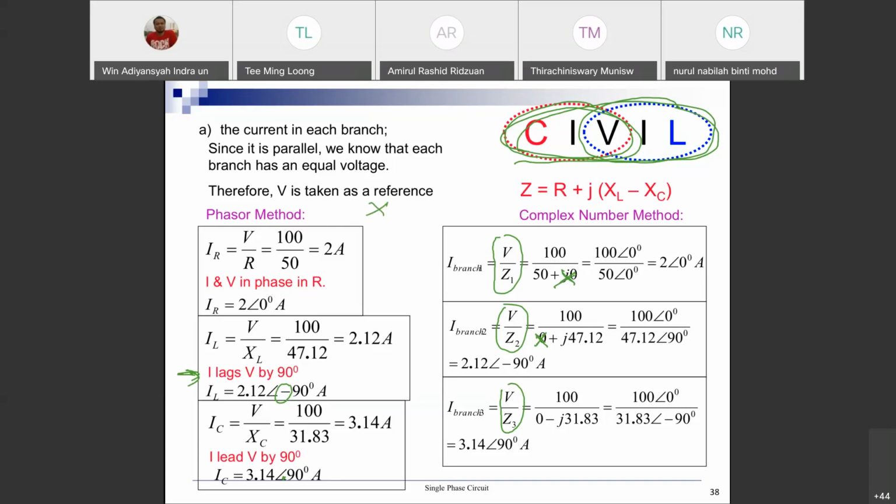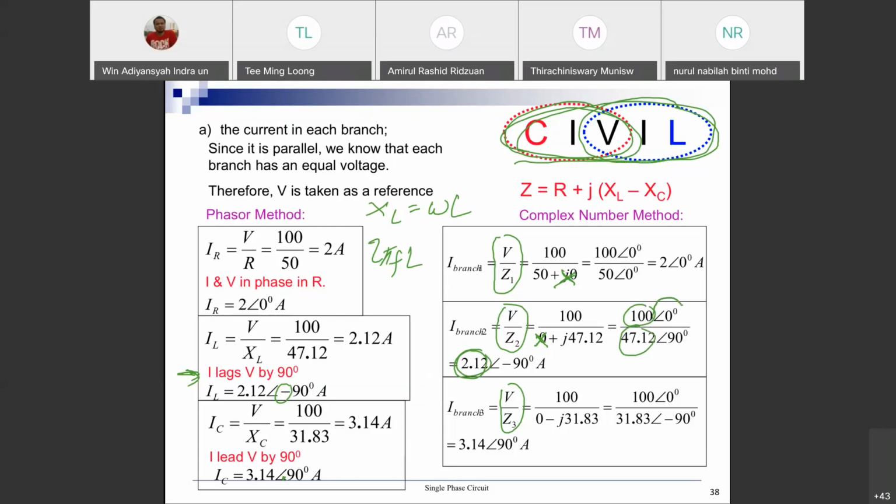XL equal to omega L, or 2 pi FL. F is given, 50, L is given, so you can directly get the answers. So 2.12 is from 100 divided by 47, sorry. Why is it minus 90?